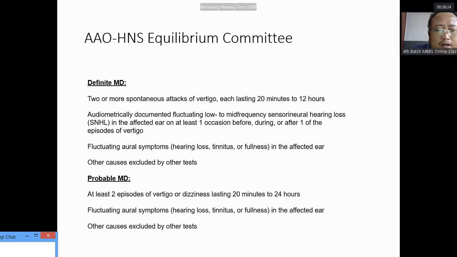Hearing loss might be there or not, tinnitus or fullness might not be there in the affected ear, and other causes should be excluded. All tests show negative for other diseases, but the patient has initial symptoms of vertigo for durations of 24 hours, and we might term it as probable Meniere disease.